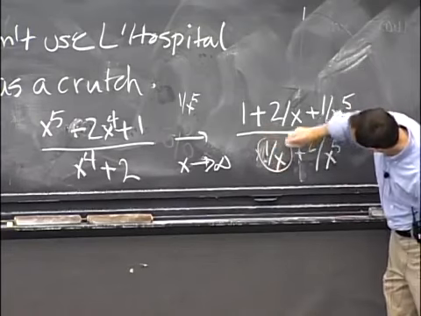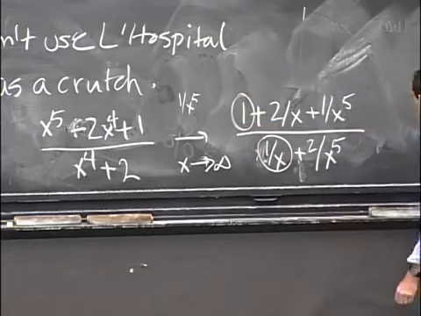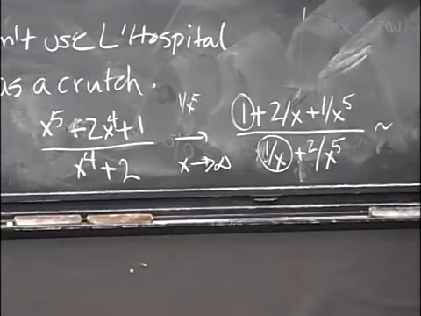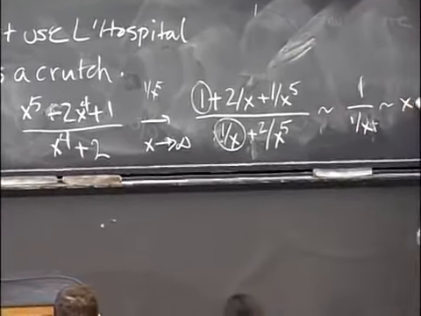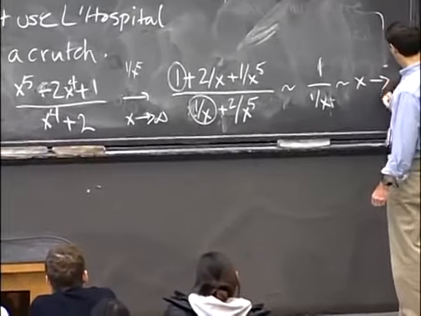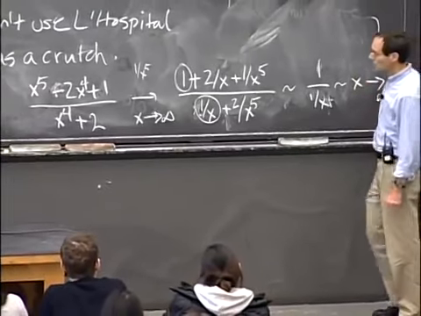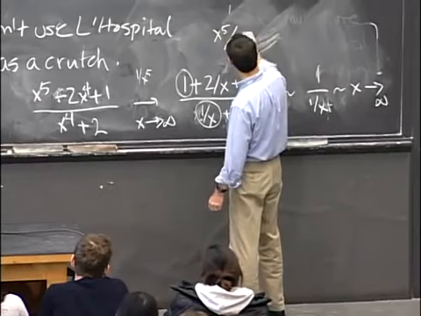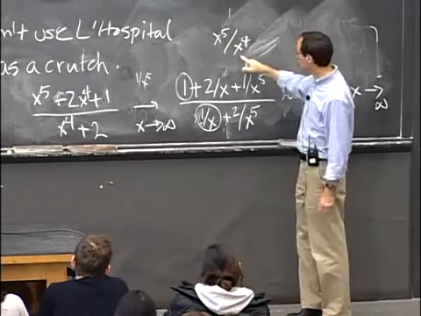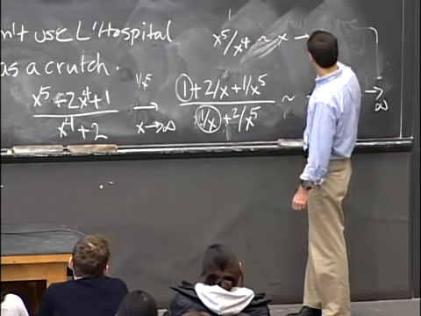So these are the main terms, if you like. And it's the same as 1 over x, which is the same as x, and it goes to infinity as x goes to infinity. Or if you like, much more simply, just x to the 5th over x to the 4th is the main term, which is x, which goes to infinity.